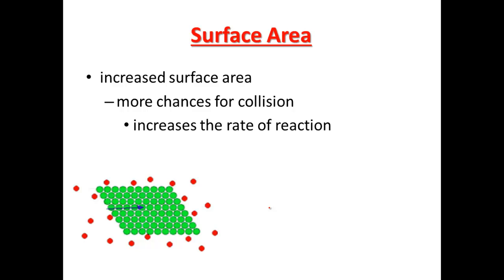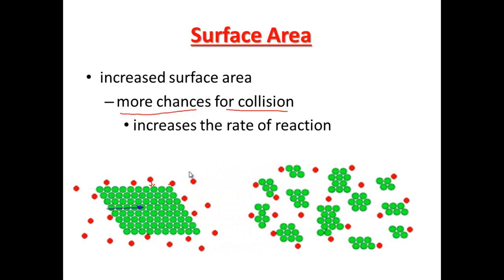Our second one is going to be to increase surface area. Again, the idea is more chances for collisions. If we increase the surface area, so let's say we had one block of a substance and the red dots have to come in and attach. If we were to break that substance into smaller pieces, those reds are allowed to attach and connect to the greens much quicker and faster.